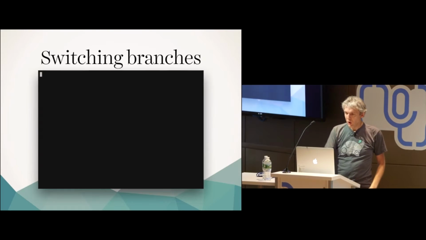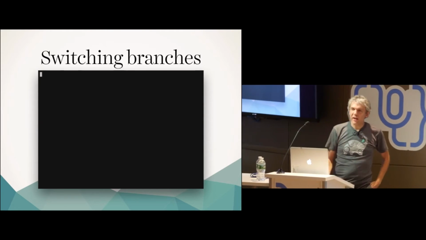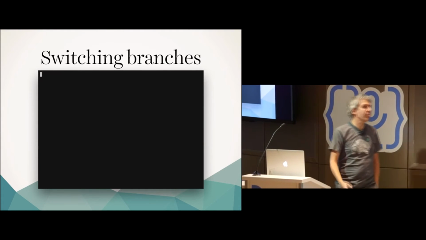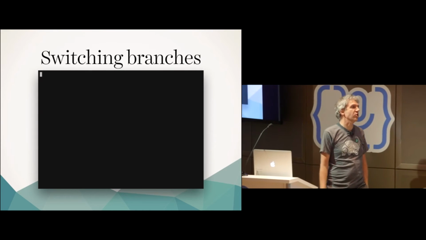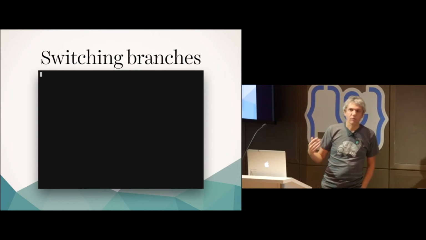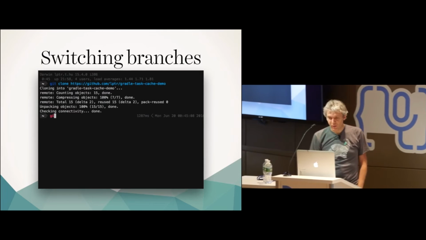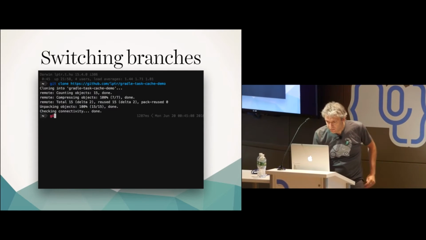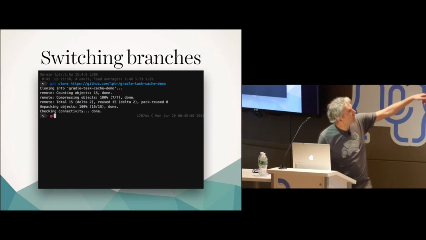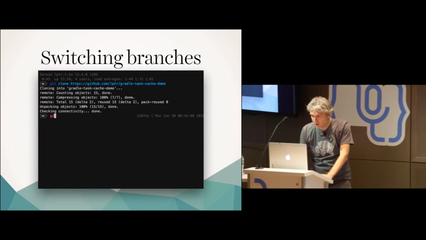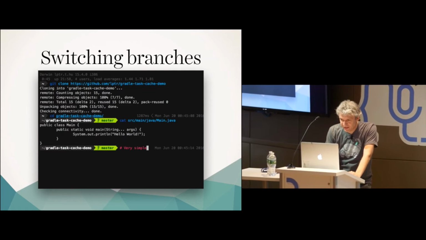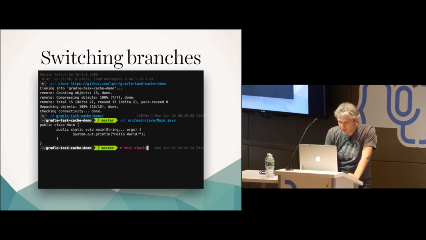Okay, so let's look at a typical use case. Who of you is working on a daily basis with multiple branches? Right. Okay. So then you will probably know the following scenario. I'm just checking out the public repository Gradle task cache demo, right? And it's a Gradle build.